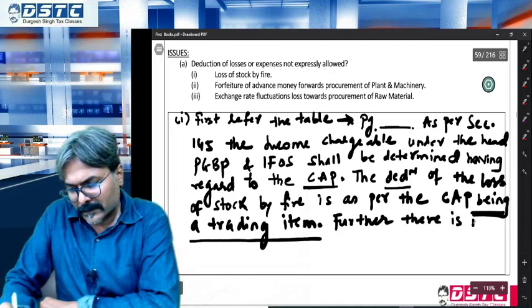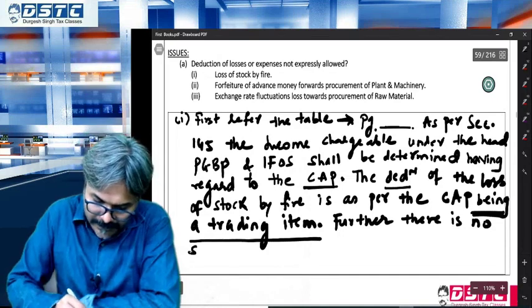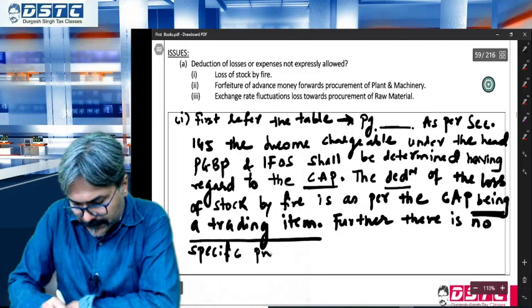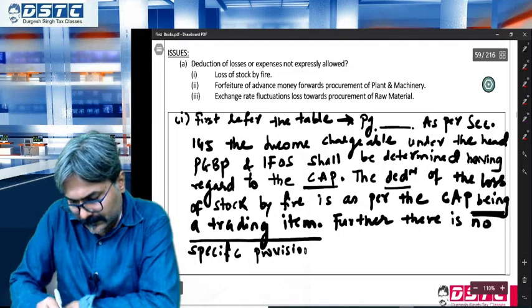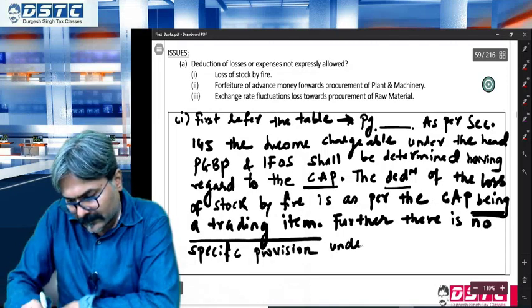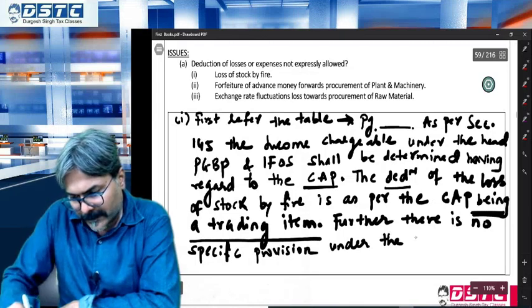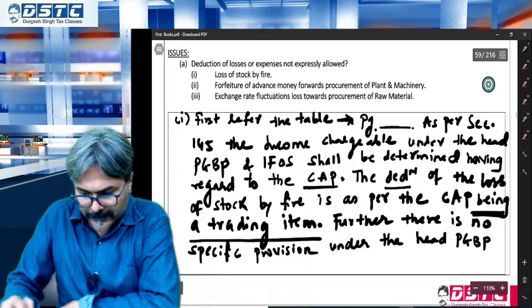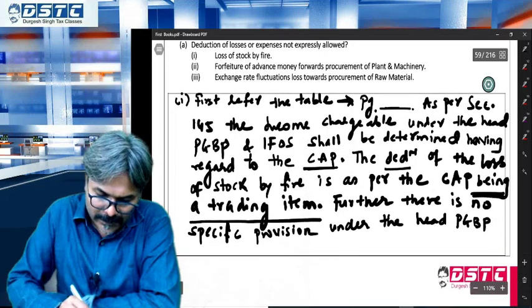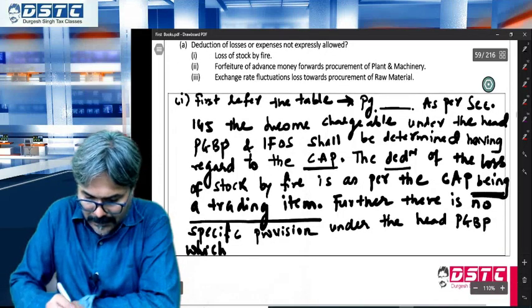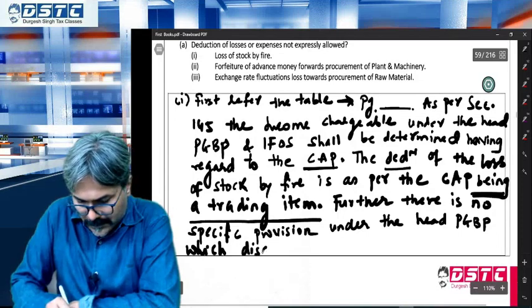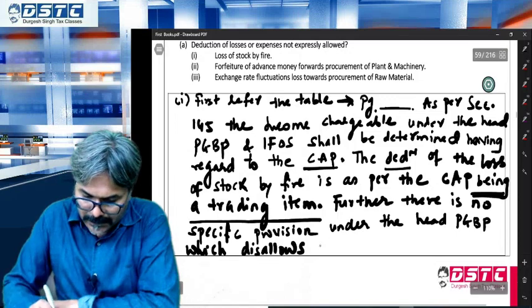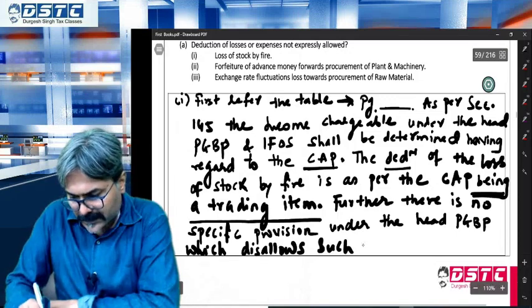Further, there is no specific provision under the head PGBP which disallows such loss.